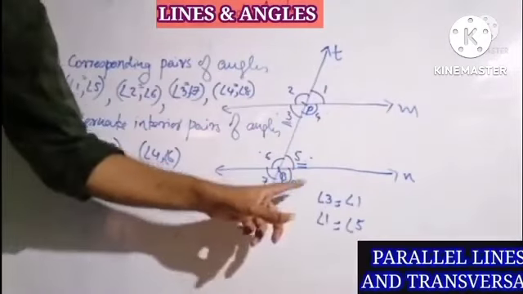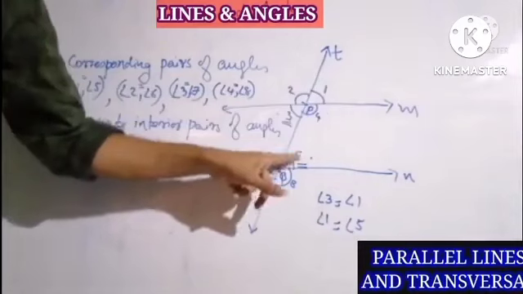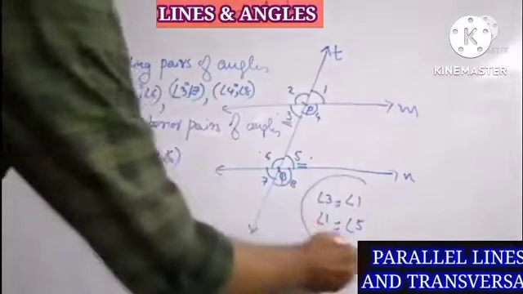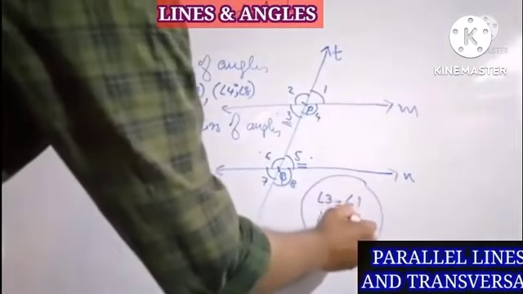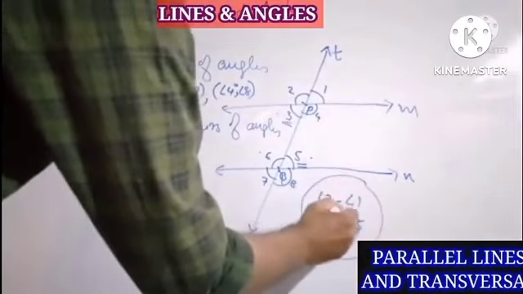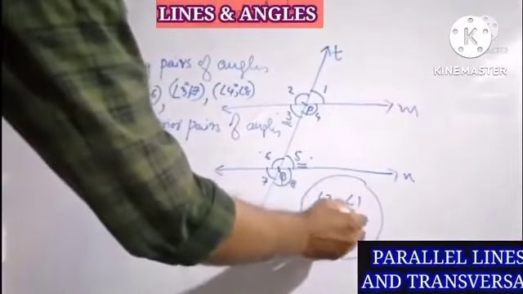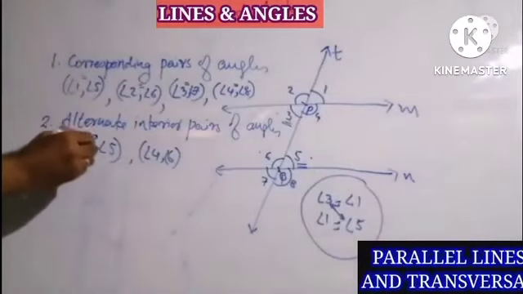They are corresponding angles. So from these two, angle 3 equals angle 1 and angle 1 equals angle 5. Then angle 3 equals angle 5 because both are equal to angle 1.